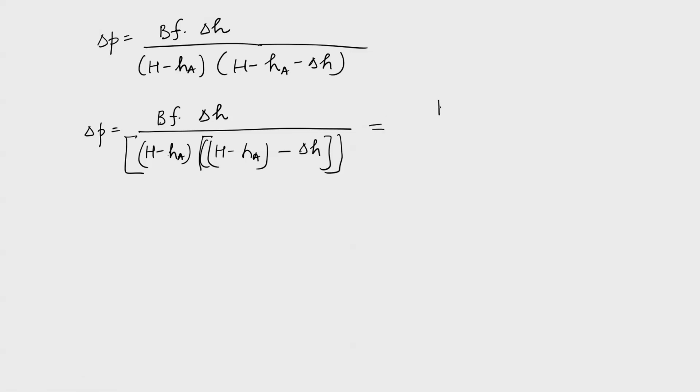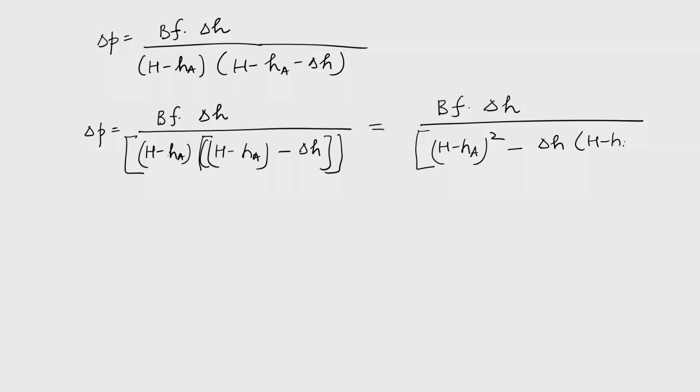and I can write it like this, B into F into delta H divided by H minus HA whole square minus delta H into H minus HA, right. Okay, now do some kind of transformation shifting.